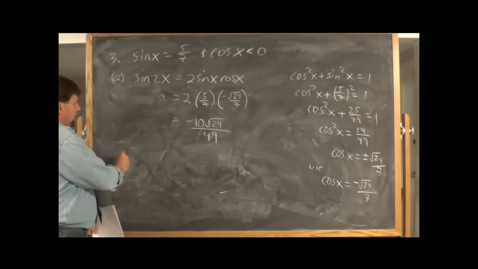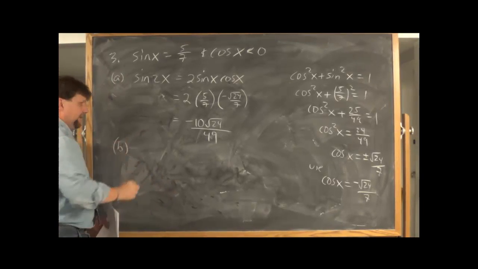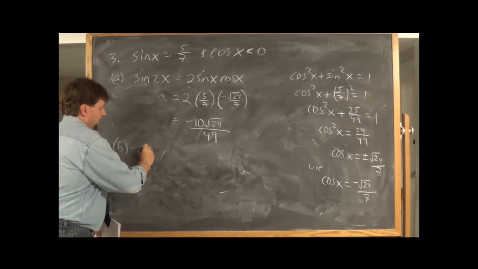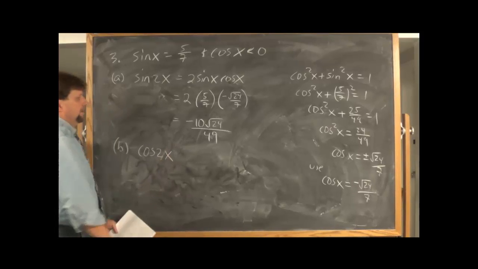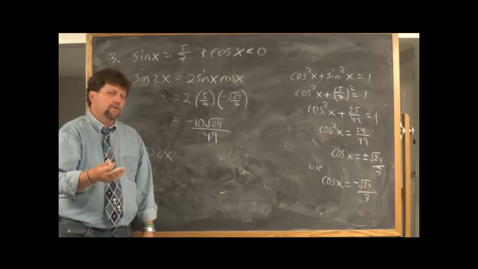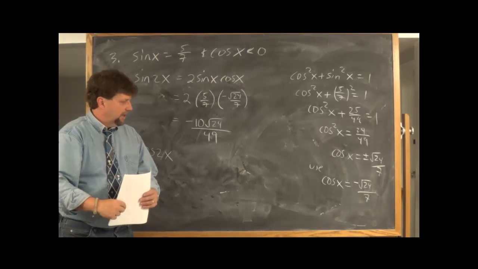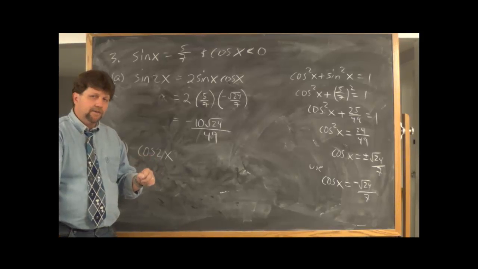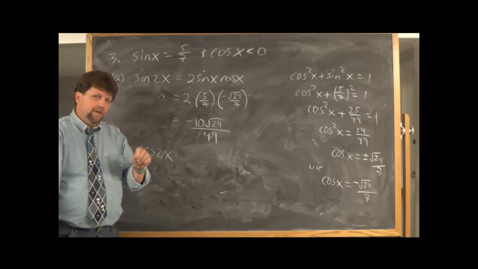For part B, I think I have enough room to get part B in here. You're asked to find the cosine of 2x. You have three different identities for the cosine of 2x. You need to know all three identities for cosine 2x. So quickly, let's review those.